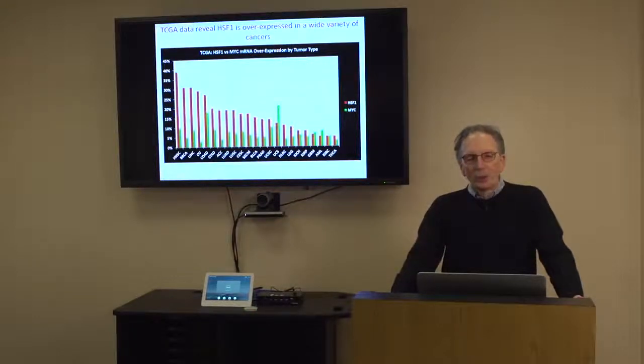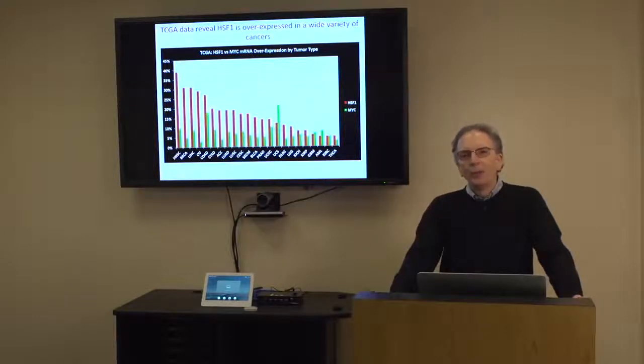Comparing its overexpression to MYC, which is frequently overexpressed in cancers, you can see that in many of the various cancers shown here, and they're delineated on the x-axis, HSF1 overexpression is greater and more pronounced across this range of cancers than is c-MYC.